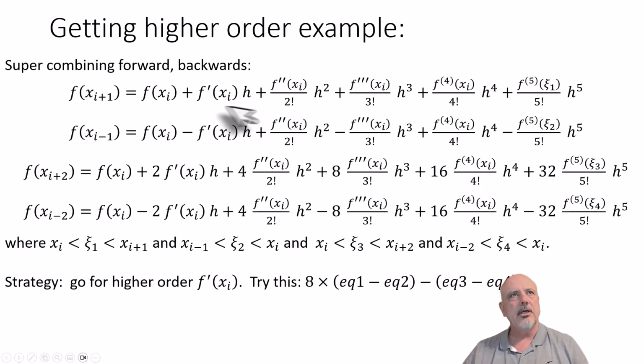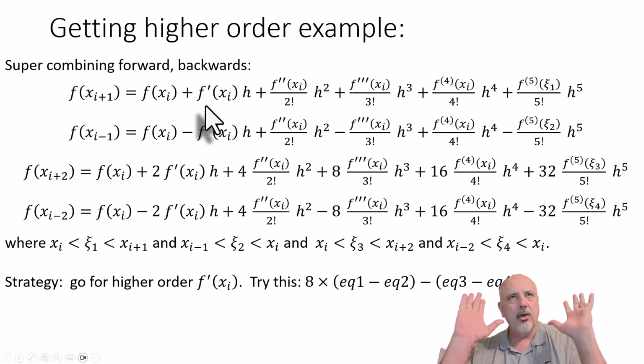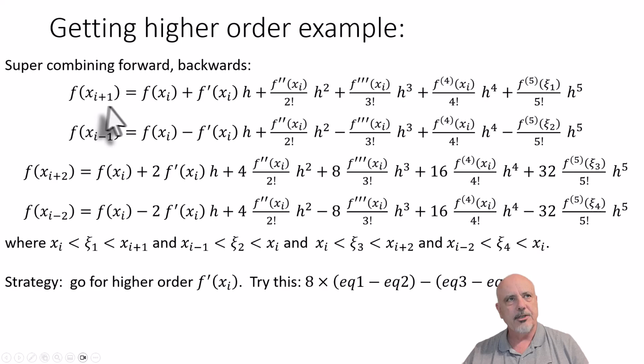Okay, let's take a look at getting some higher order things. I'm going to take what I had earlier, a forward step and a backward step, and take those out to the cos C being the fifth derivative and the fifth power of h. The backward step also goes to the fifth derivative of f and the fifth power of h.